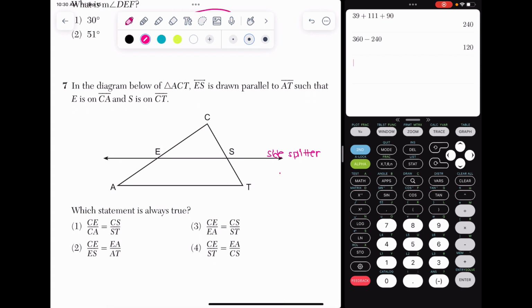So I know that CE over EA has to be equal to CS over ST. It's basically the left side, the 2 pieces, the right side, the 2 pieces. And I'm going to check to see if that's an answer choice. Sometimes it is, sometimes it's not. But it does happen to be here, so I know my answer for 7 is choice 3.